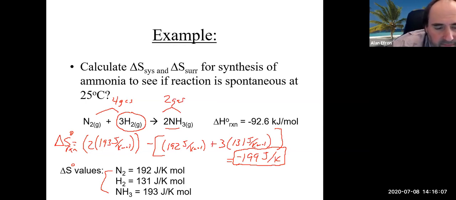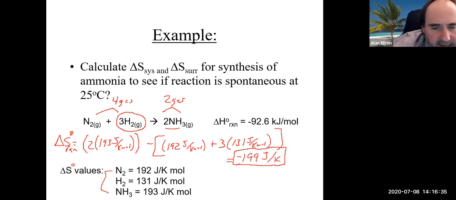So again, we're going from 4 things flying around to only 2 things flying around. So we're increasing the order. And we would expect, like we've been talking about, that our delta S for our reaction or our system is negative 199, and a negative number tells us that the entropy value is decreasing because the amount of order is increasing. Any questions on that so far?